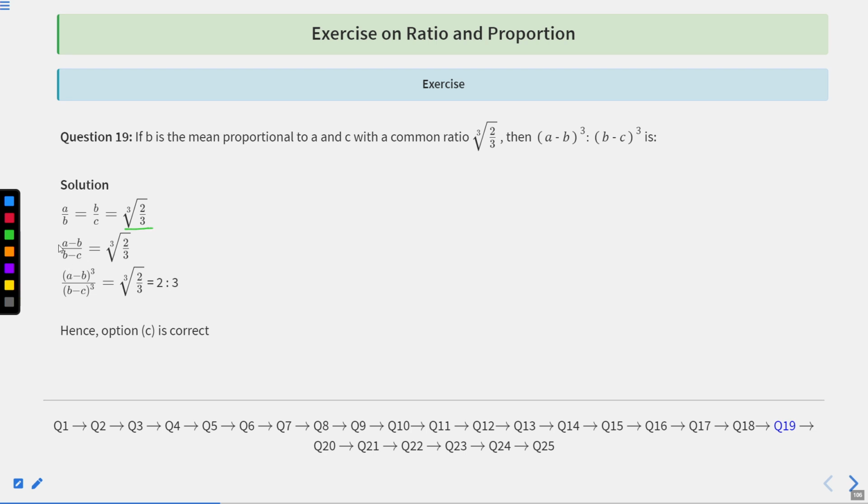So we can do A minus B upon B minus C equal to this. Cubing both sides, we will get (A minus B) whole cube upon (B minus C) whole cube equal to 2 is to 3. So the correct option here is option C.